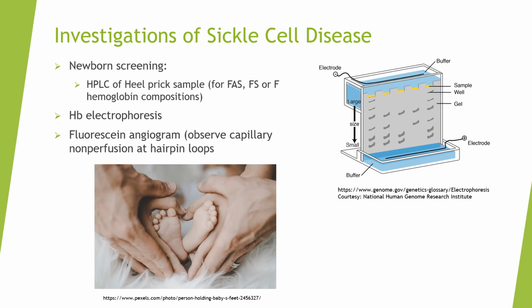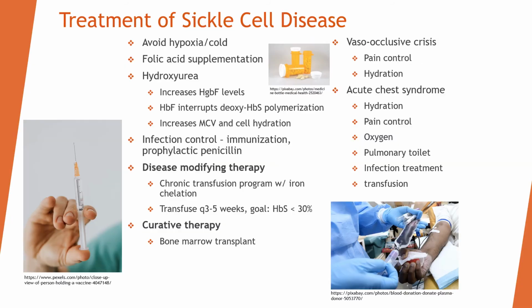Hemoglobin electrophoresis can be another investigation from the blood sample, and fluorescein angiogram of the retina to observe any capillary non-perfusion at the hairpin loops is another test to evaluate the severity of sickle cell complications.